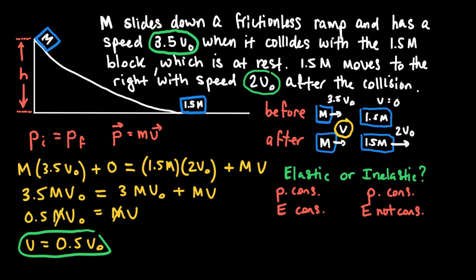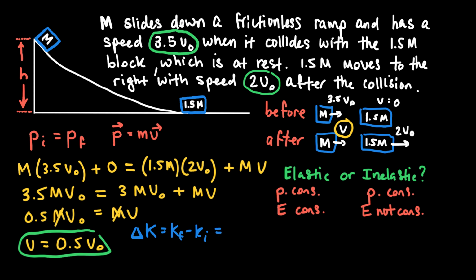So what I'm going to do is figure out the change in kinetic energy. What is K final minus K initial? If the change in kinetic energy is 0, then the collision is elastic, energy is conserved. And if the change in kinetic energy is not 0, then energy must not have been conserved in the collision, and therefore it would be inelastic.